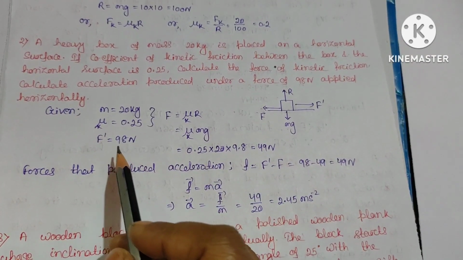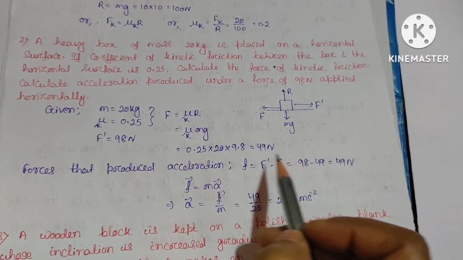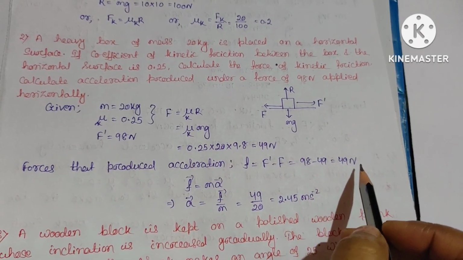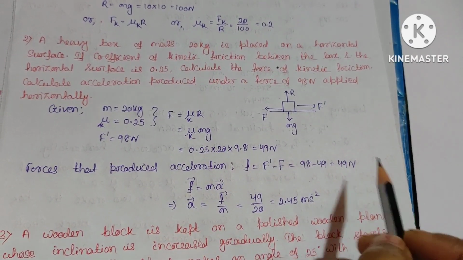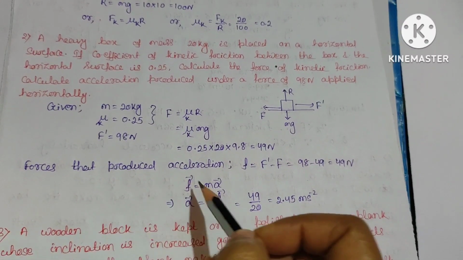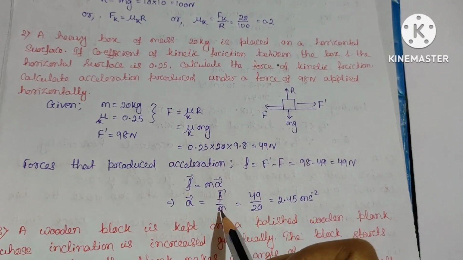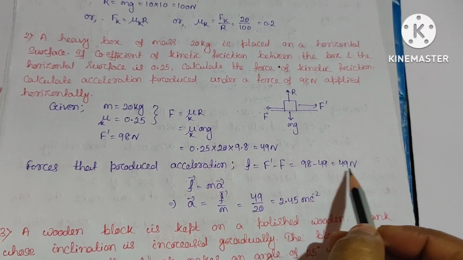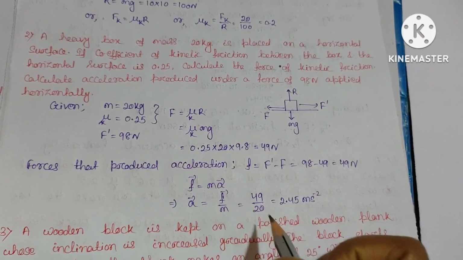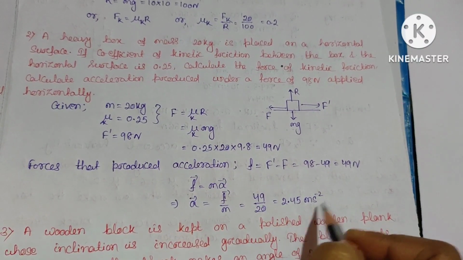So F prime is 98 Newton minus 49 Newton, that is 49 Newton. The force that produces acceleration means mass into acceleration. Otherwise acceleration equals force by mass, 49 Newton divided by mass 20 kg. So that is 2.45 meter per second square.